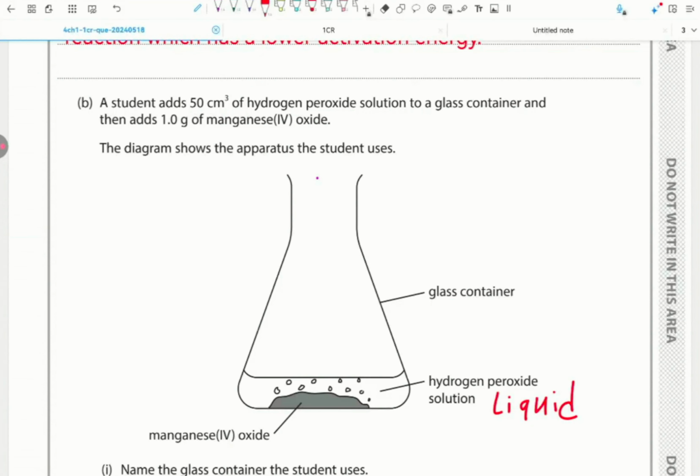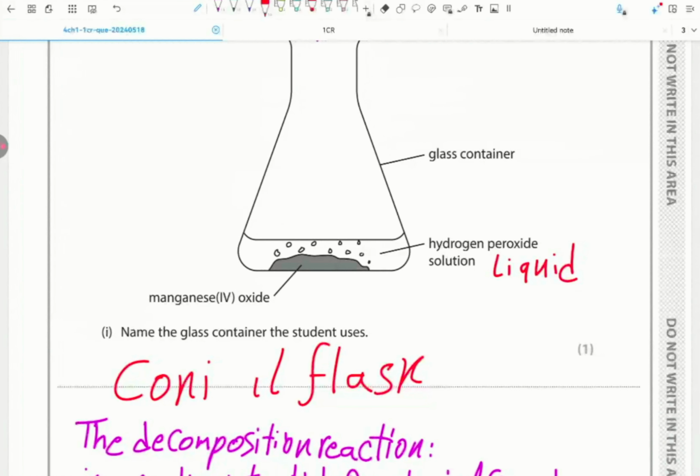So the liquid material here inside this container is hydrogen peroxide, in a glass container, and then adds 1.0 gram of manganese oxide. So the manganese oxide here is a solid material, and this solid is insoluble, because if it's soluble it would be dissolved, and it is solid here, it doesn't dissolve.